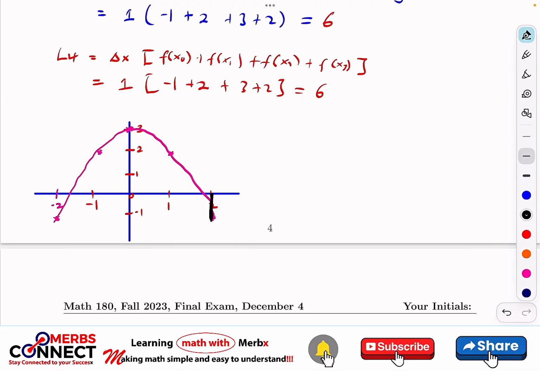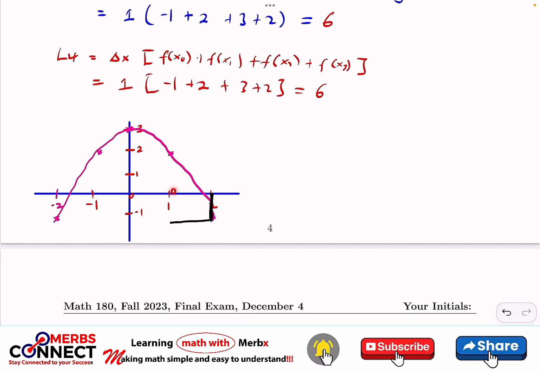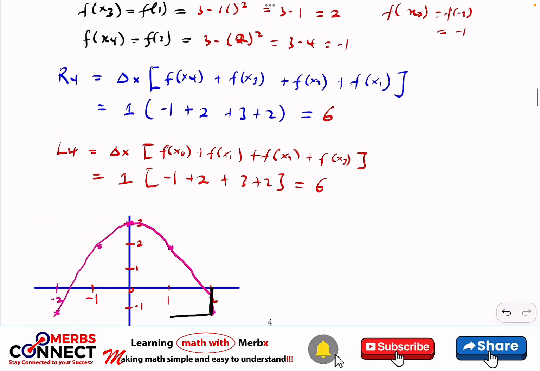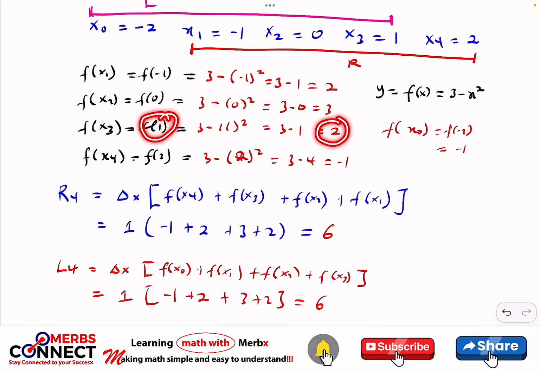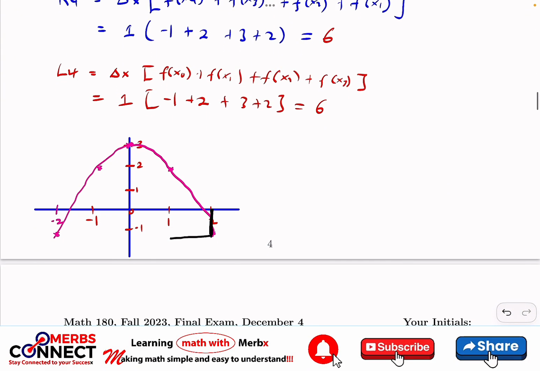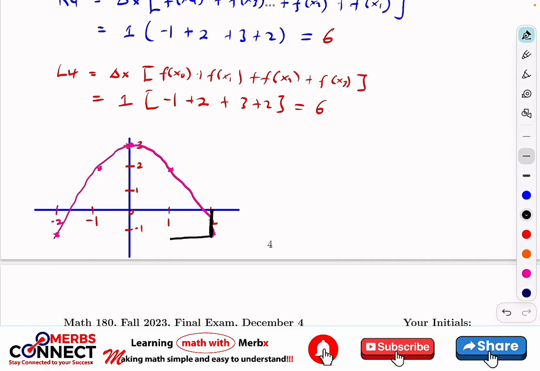And what I'm going to do now is extend this one to the next grid point. So I'll move this one to 1 because that's the next point. Then I'm going to look for the height for 1. The height for 1 is 2. So I need to look for 2, and I can see that 2 is here. So I need to move on the 1. The height should be 2.